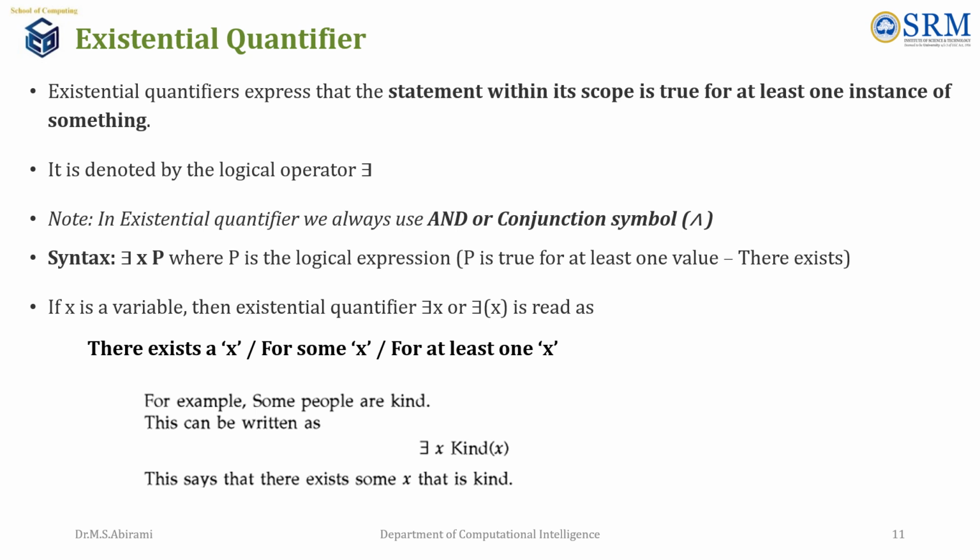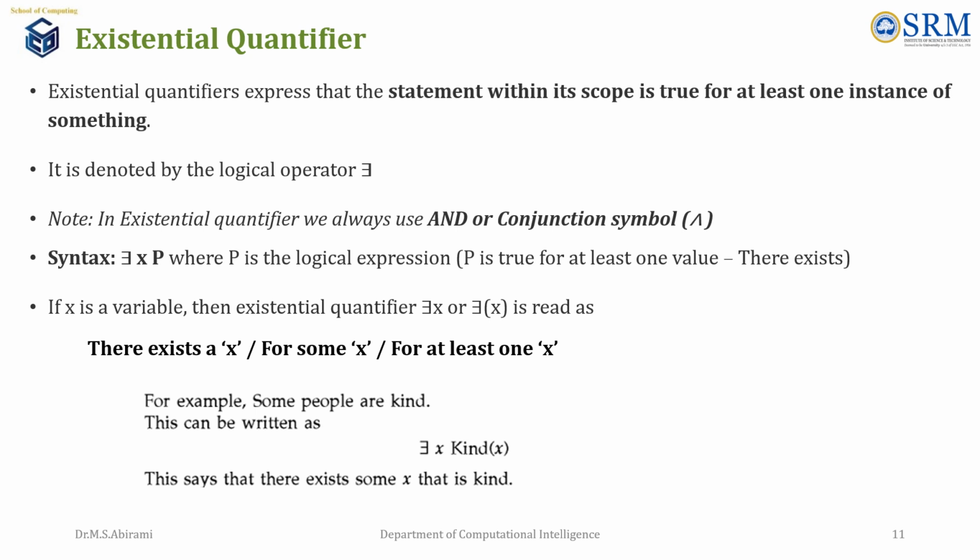The syntax is ∃x p, where p is a logical expression and p is true for at least one value. If x is a variable, then the existential quantifier ∃x is read as there exists x, for some x, for at least one x.